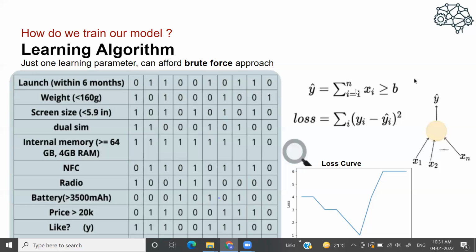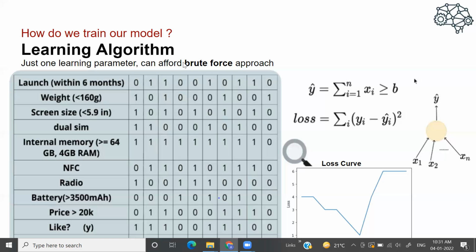One of the very commonly used practices to get this optimal value of b is the brute force approach. Although this is not a very niche technique, since the MP neuron is not practically used anywhere, this is just to lay the foundation block of future classes.